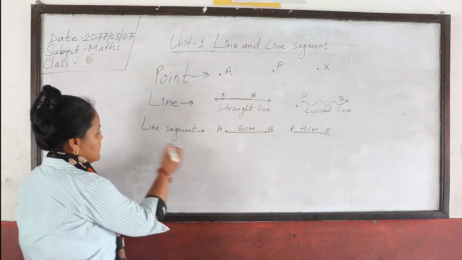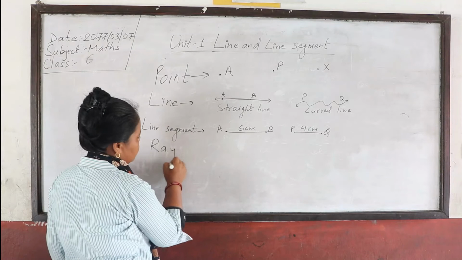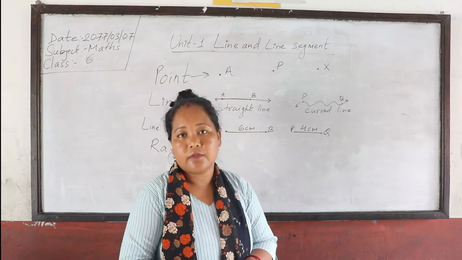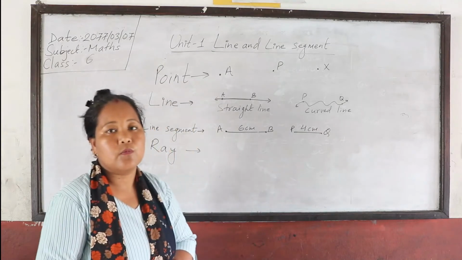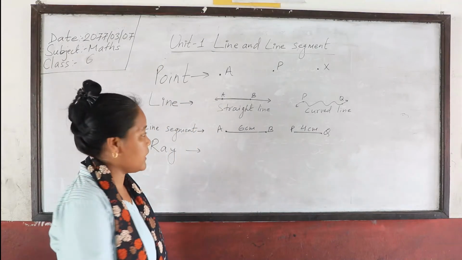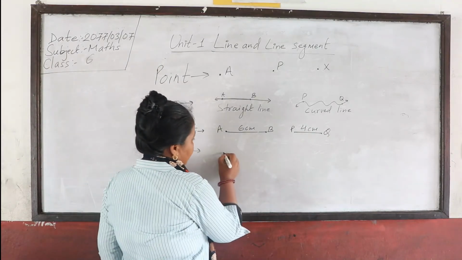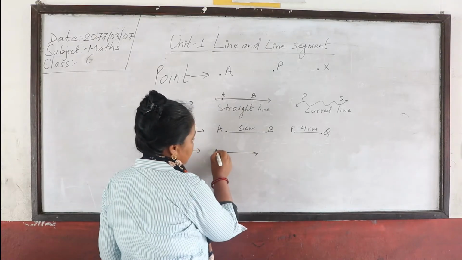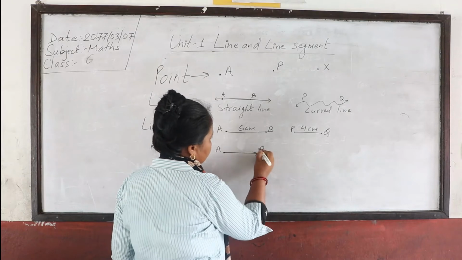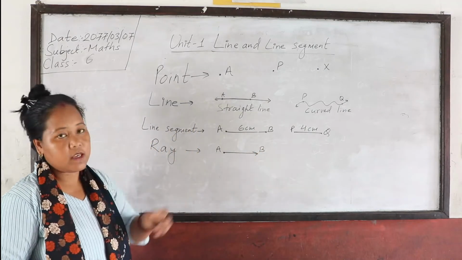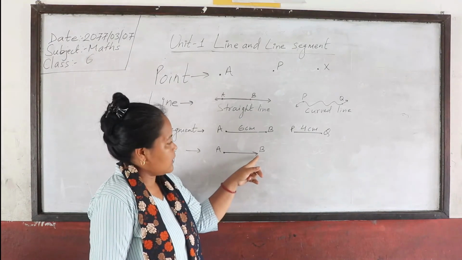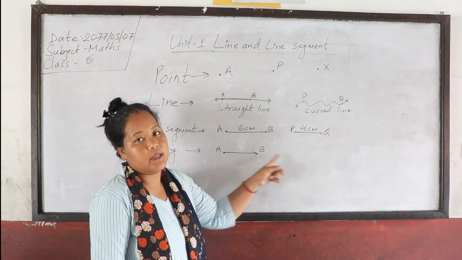And another is given about ray. What is a ray? A ray is a part of a line which has one endpoint. It is also a line, but it has one endpoint. A ray has one endpoint, and we can produce it in one direction.